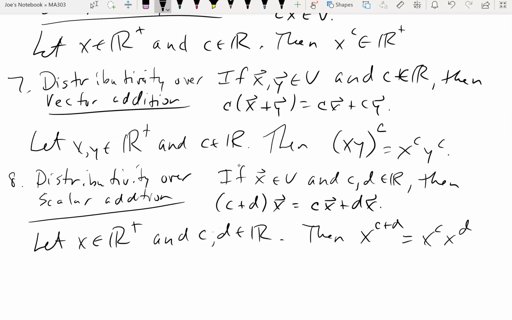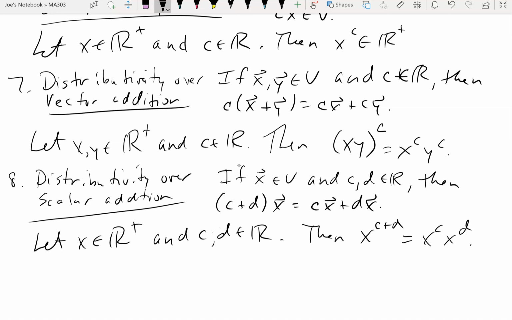What is the right-hand side of this equation now, in terms of the context of the problem? This is exactly what we need. This is C times X, according to the definition of the problem, and this is D times X, and what have we done with those two vectors? Added them.